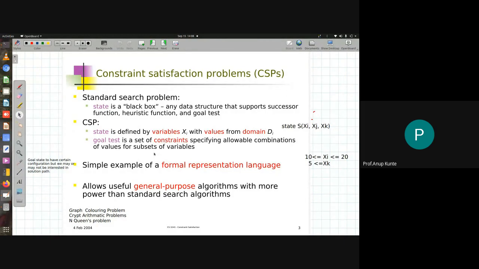We needed to define 5 things in order to represent and solve the problem: the initial state, the state representation, the valid actions, the transition model, and finally the goal test.